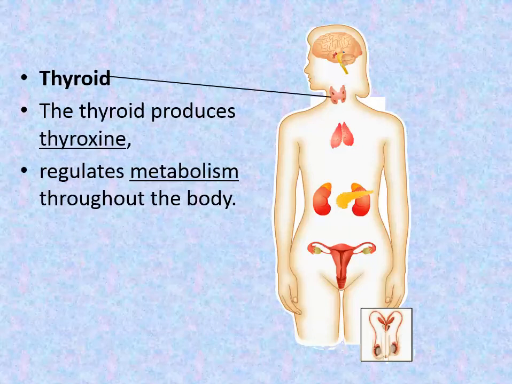Let's go back up. In between the parathyroid glands, you have your thyroid, and it produces thyroxine, which deals with your metabolism. If you remember, metabolism is the summation of all the chemical reactions that happen in your body.